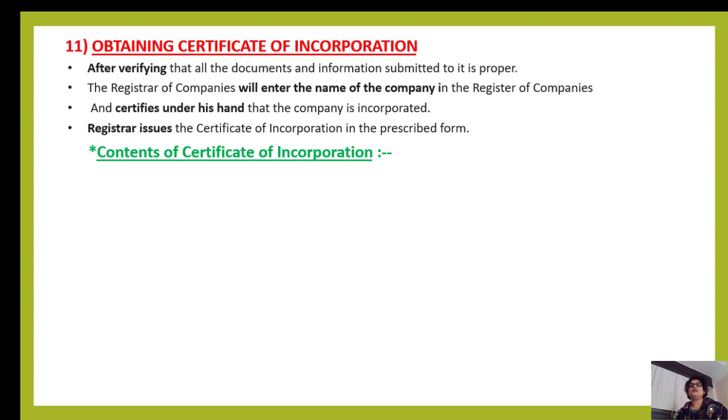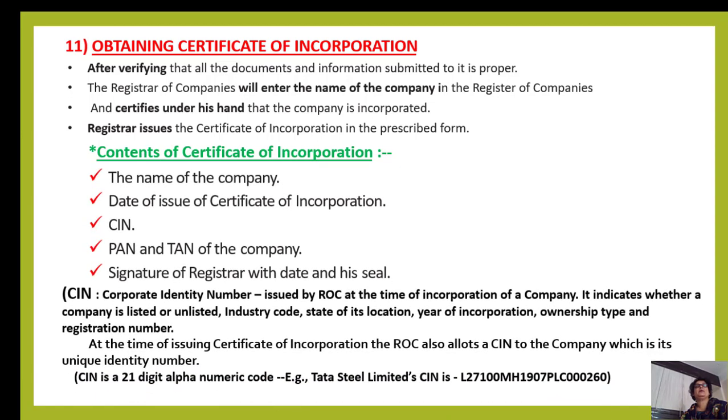So what are the contents of the certificate? In that certificate, all the contents, the main points, I will tell you. The first important thing is the name of the company mentioned in the certificate.